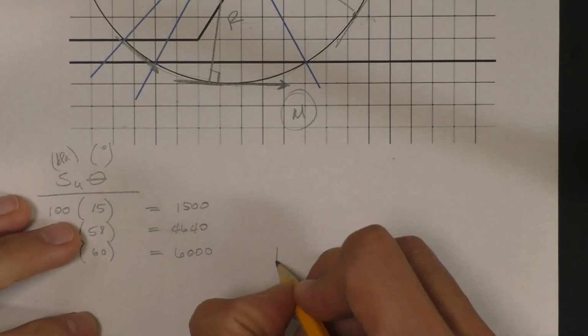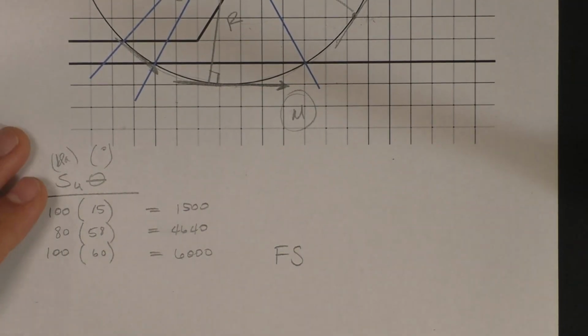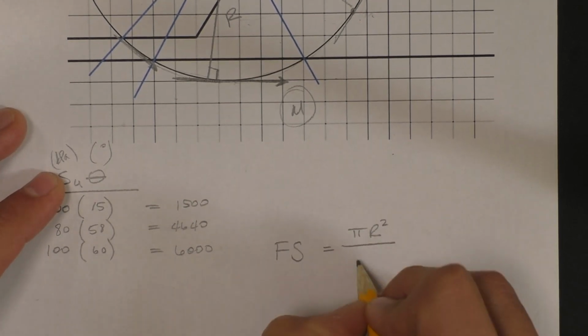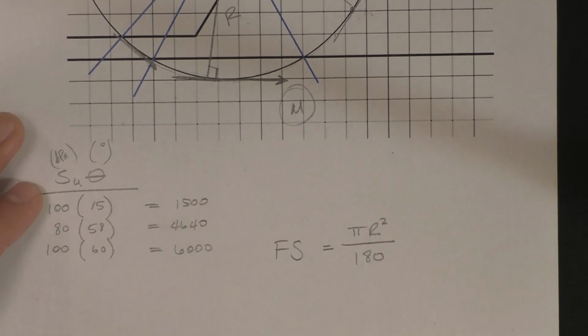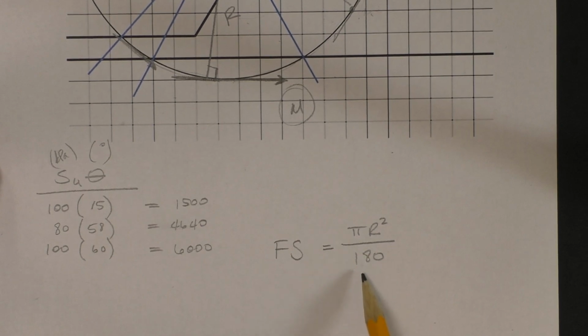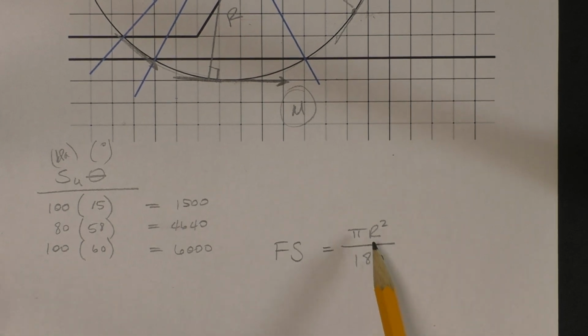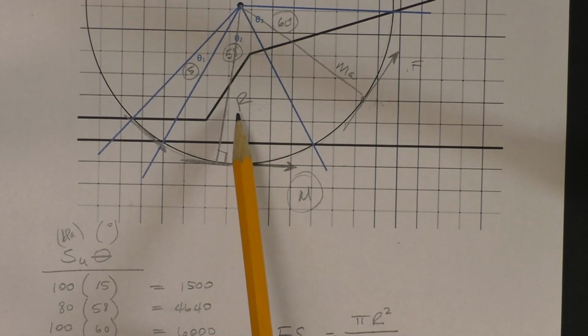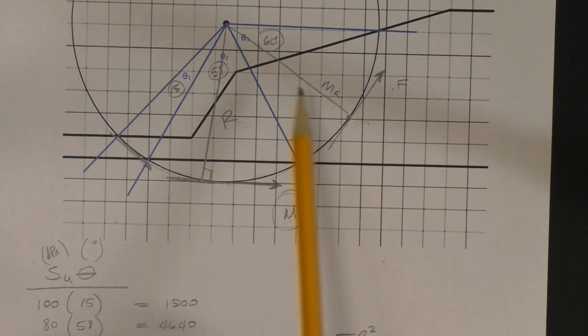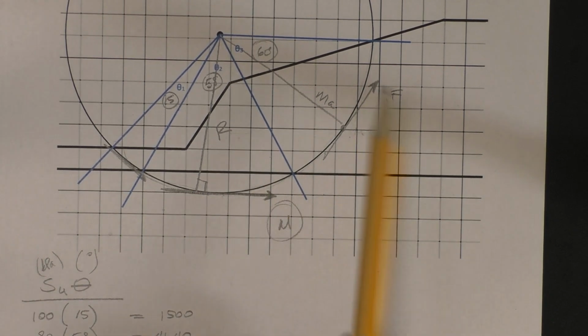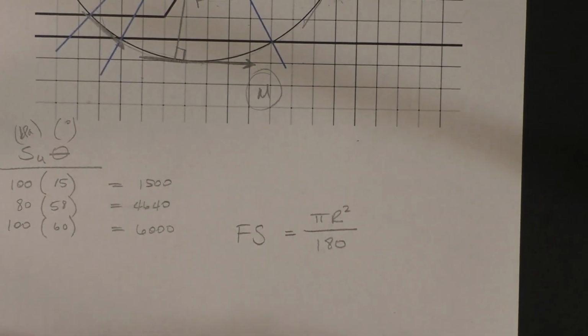And so the factor of safety is written as follows: pi r squared divided by 180. Notice that the pi over 180 is the conversion factor that one uses to go from degrees to radians, right? And one of these r's is this r here, which is the moment arm for each of these 3 components of the failure surface. Okay?